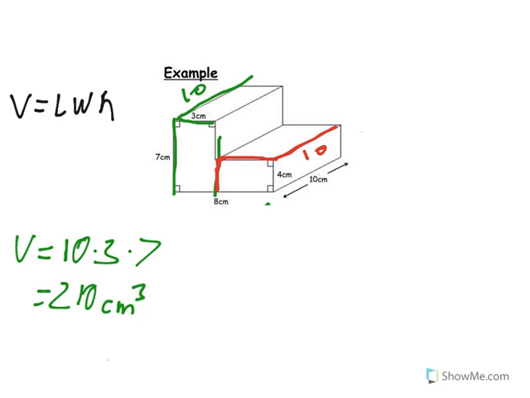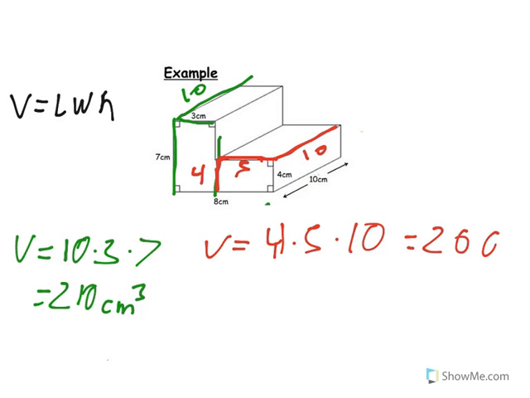So that is 10, that length, the height is 4, and this part right here would be 8 minus 3, which would be 5. So the volume for the red part would be 4 times 5 times 10, which equals 200. And then we just add that together, and we have the same answer. Those are two ways to solve this problem.